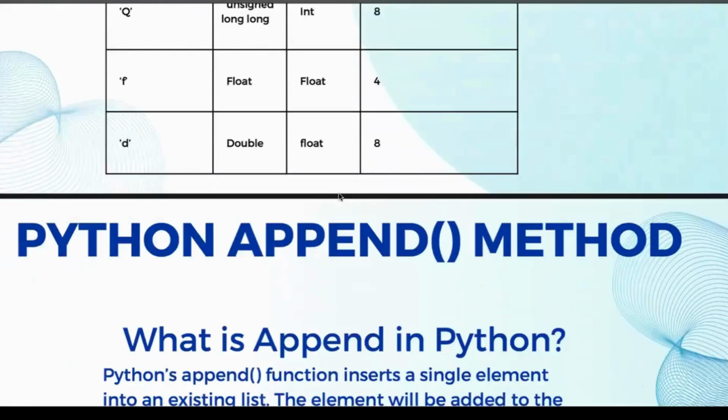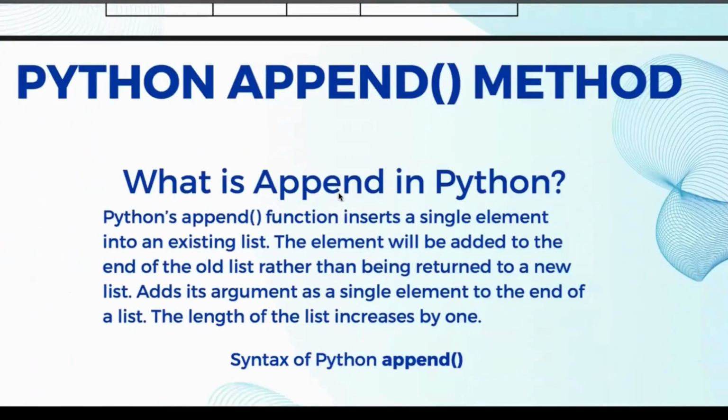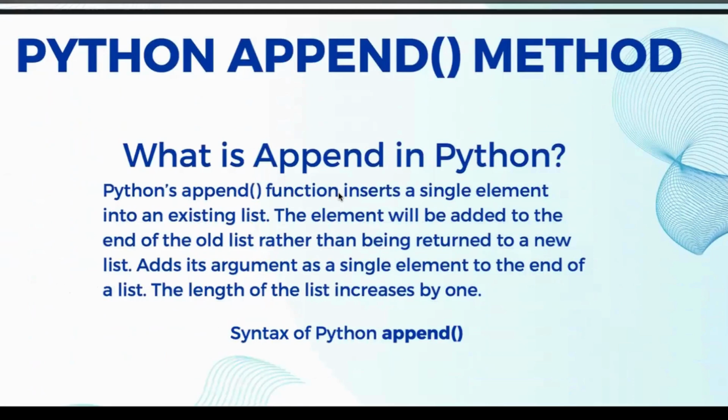Now jump to the Python append method. What is append in Python? The Python append function inserts a single element into an existing list. The element will be added to the end of the old list rather than being returned as a new list.